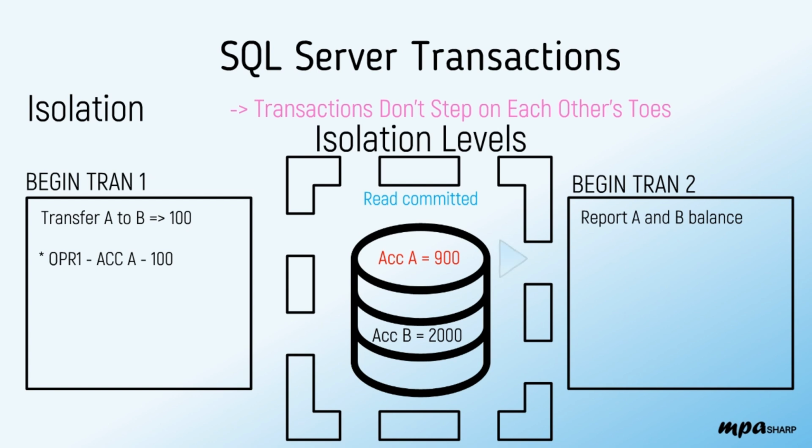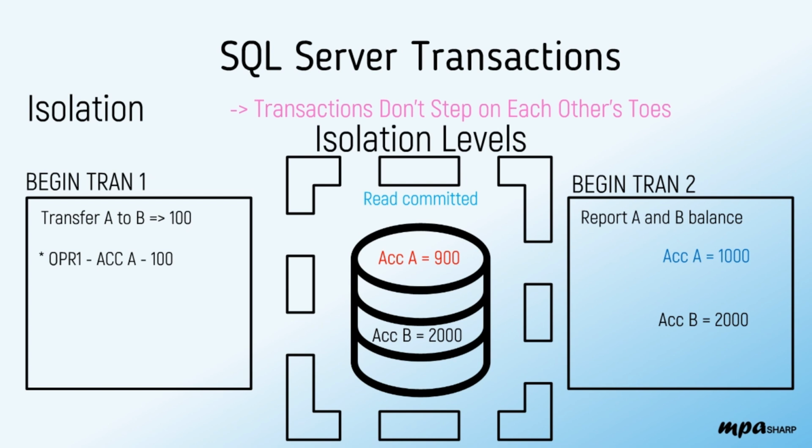At the exact same time, transaction 2 starts to read the balances of account A and account B to generate the report. Because of the isolation, transaction 2 will typically not see the temporary state where account A has been debited but account B hasn't been credited yet, especially with the default read committed isolation level.